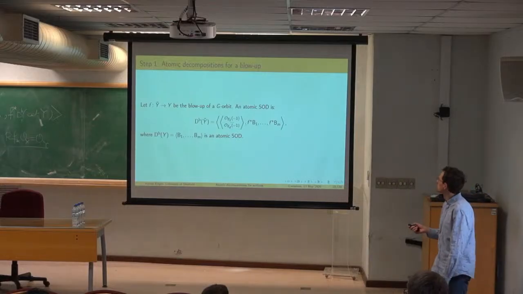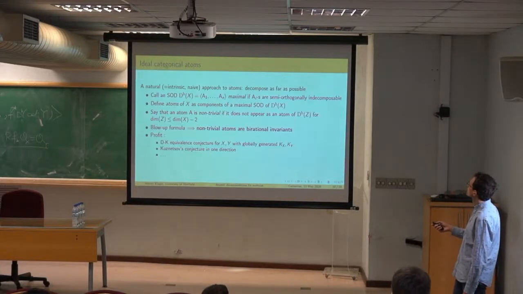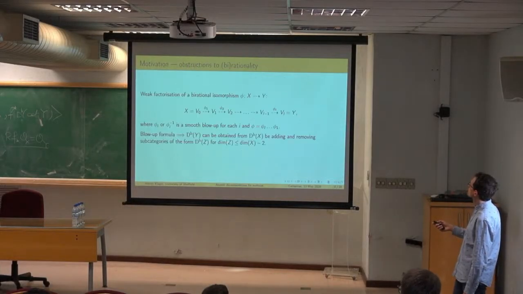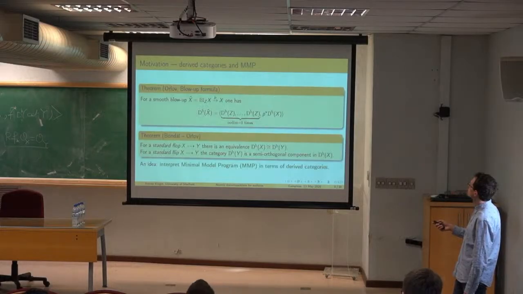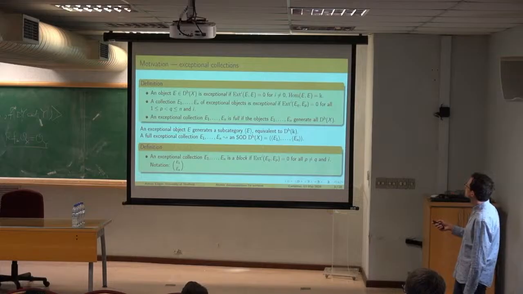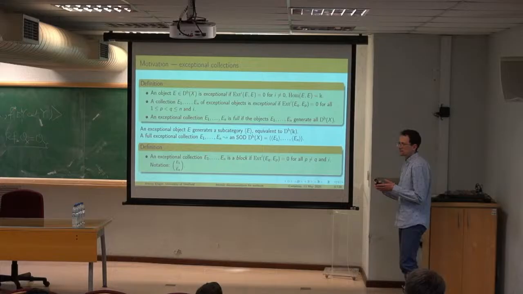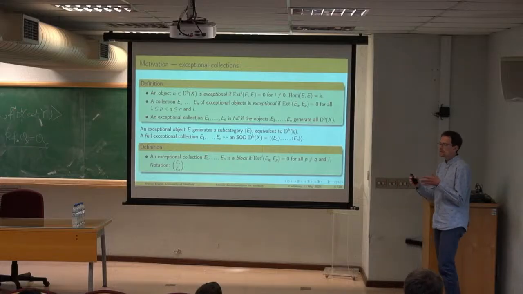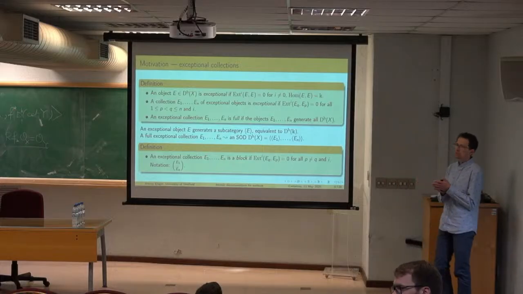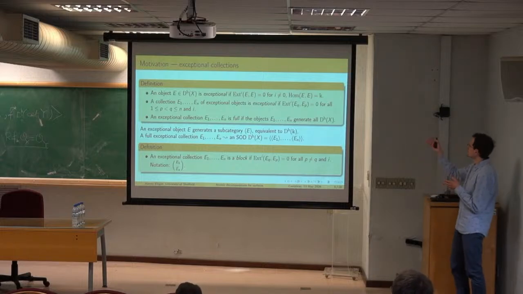Maybe I should go back and show you the slide with exceptional objects and collections. So an object is exceptional if it has as little self-endomorphisms as possible. There are no higher Exts, and the endomorphism algebra is just one-dimensional, it's k.